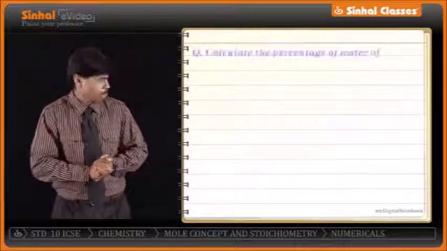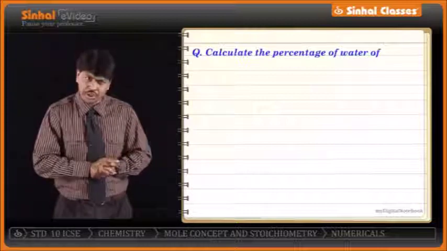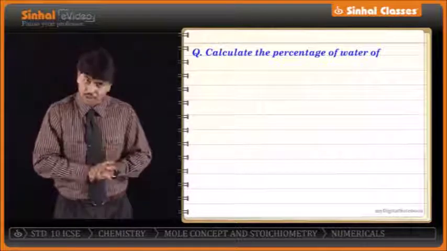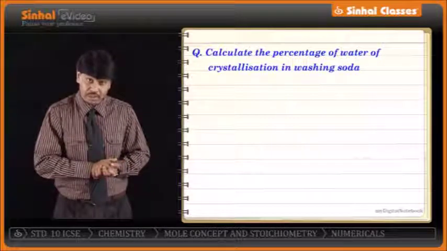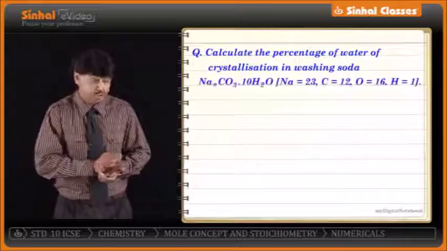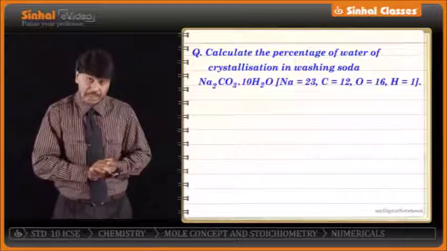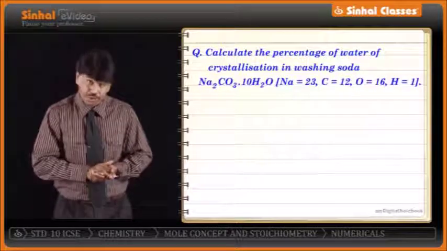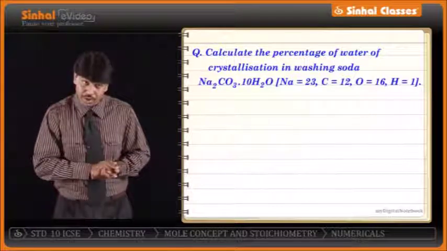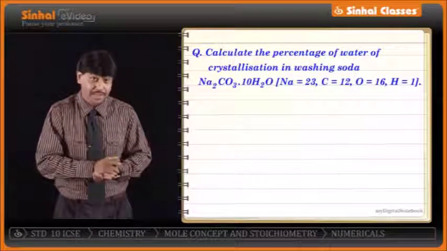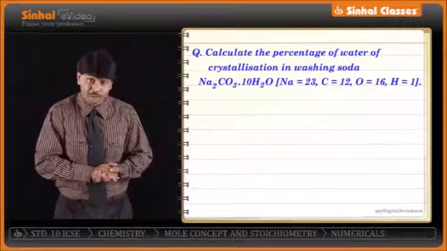Let's take one more question. Calculate the percentage of water of crystallization in washing soda. Washing soda has the formula Na2CO3.10H2O. In brackets, the weight of sodium is 23, carbon 12, oxygen 16, hydrogen 1. First and foremost, add the weights to get the gram molecular weight.